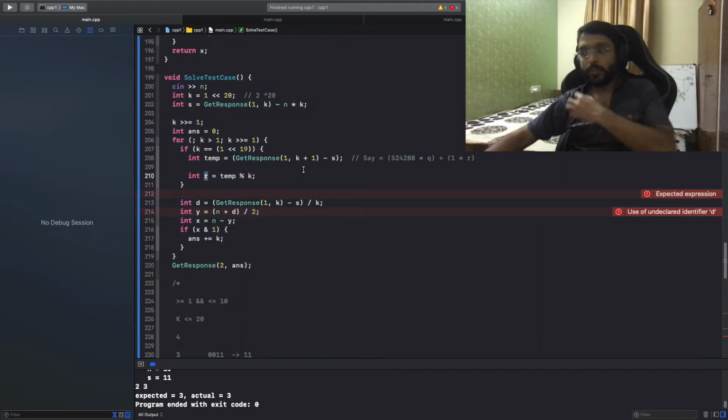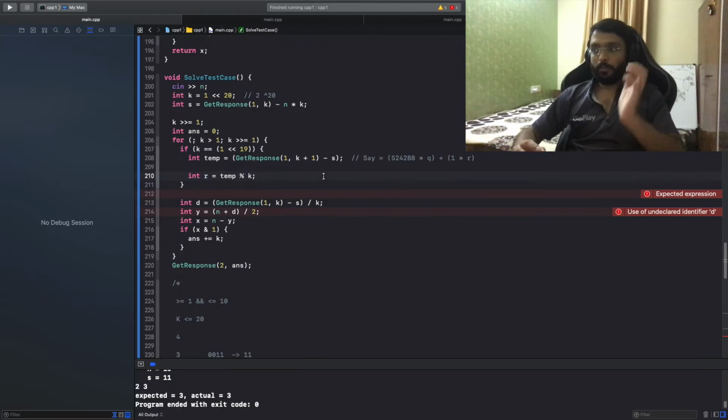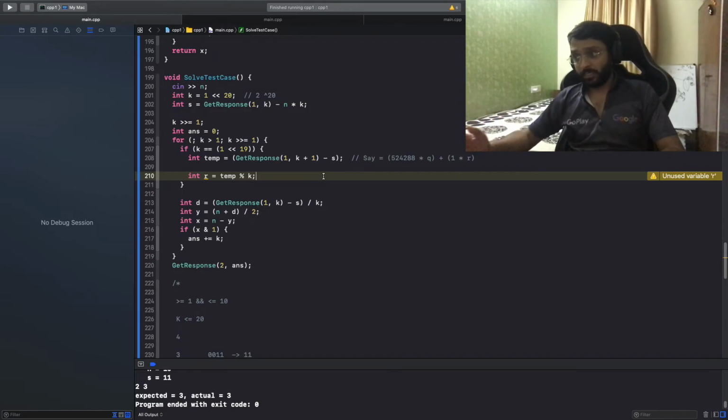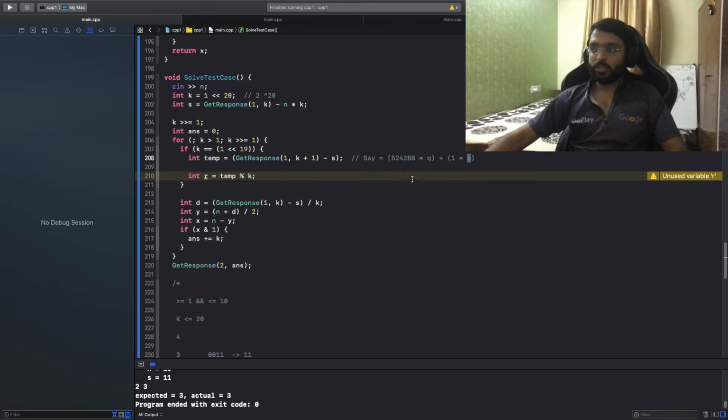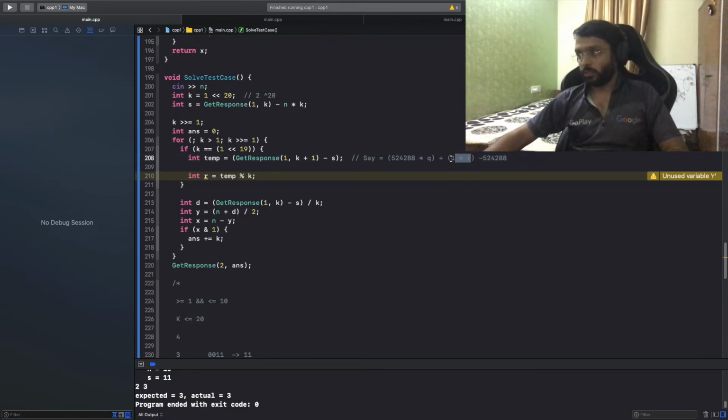Now what I have to do is make sure that r is in the range of plus n and minus n, because that's what the number of zeros or number of ones will actually be. Because we are taking modulo, it is possible that this is drastically different. So for example, if temp was maybe multiplied by 1, let us say r was 0 and value was minus 524288.